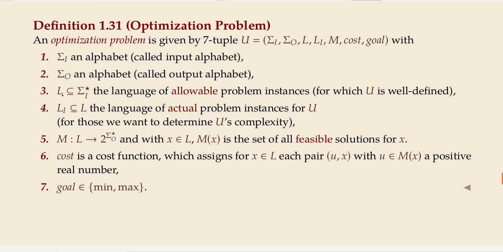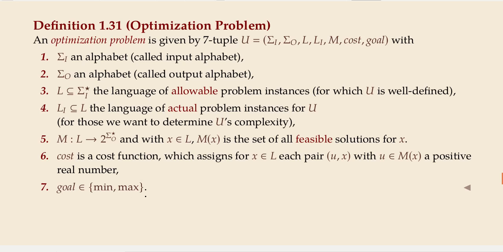And then it's sometimes convenient to just have this distinction. I think it's a technicality. Then for any instance, you have a set of feasible solutions. So for any fixed instance, M(x) is still a set. And that's all feasible solutions that respect the side conditions. And any of these solutions together with the instance have a cost or a value, which is just some number.